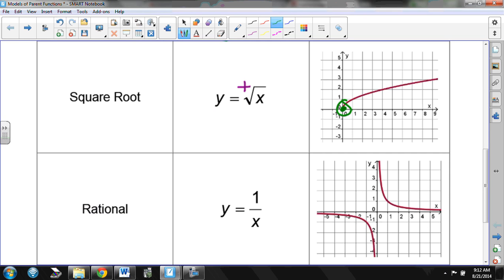Let's look at domain and range. What's the domain of the square root parent function here? What can our x values be? Notice our x values can't be negative, can they? We don't have anything on this side.